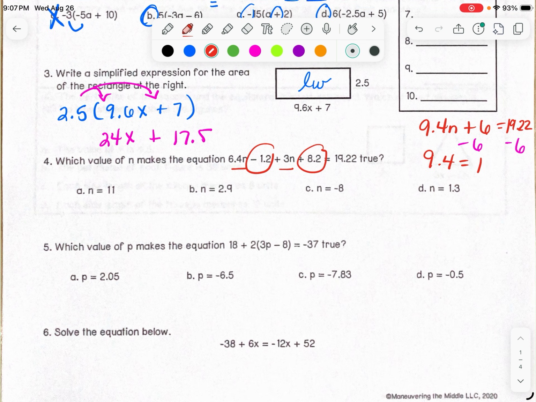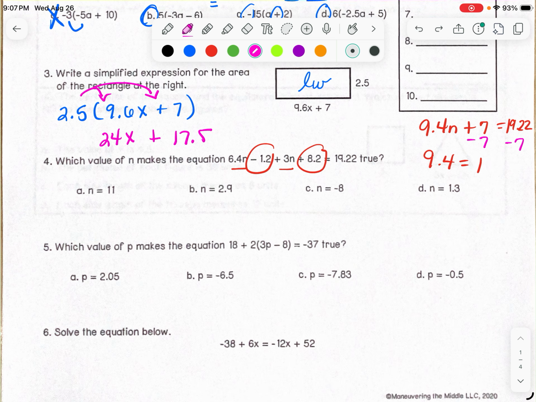No. First of all, that's wrong. That's a 7. I can add. Not today. That's a 7, and that's an n, and that's 12.22.